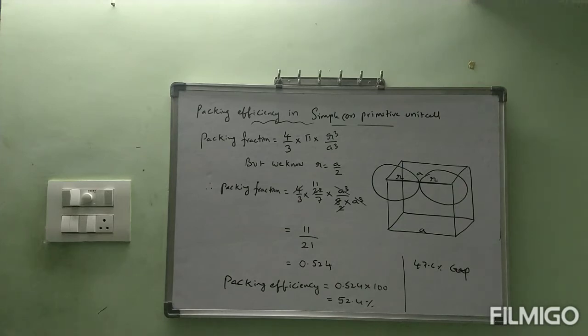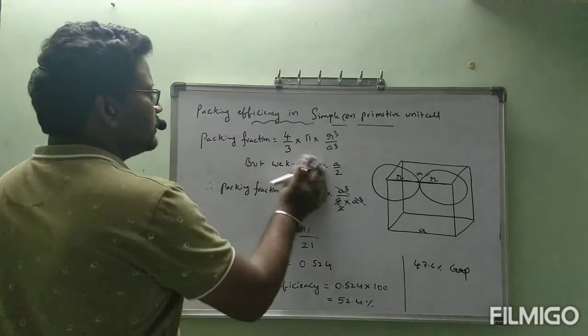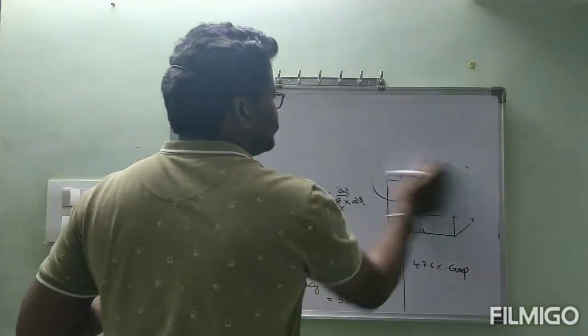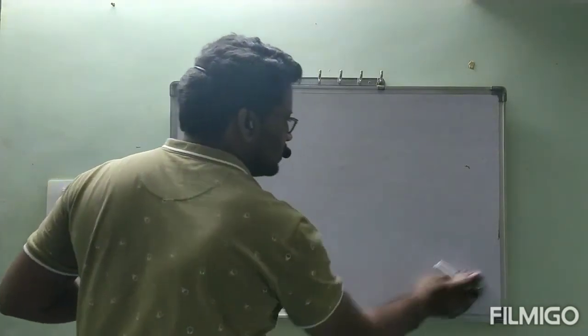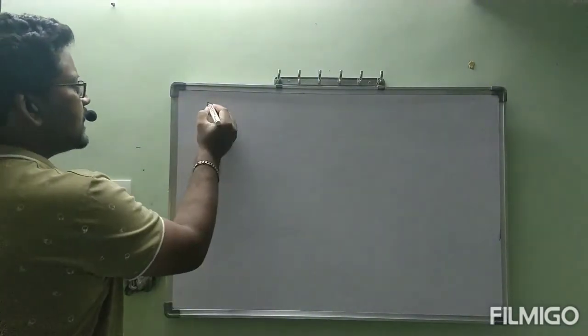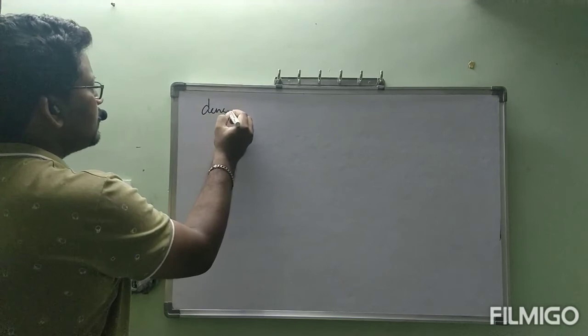By this we completed all the 3 types of unit cells packing efficiency. Next side heading is density of unit cell.